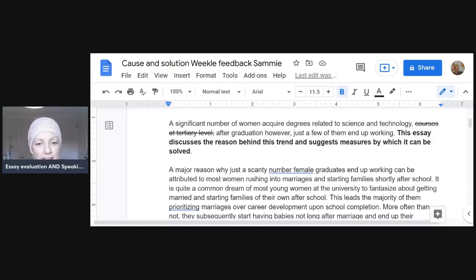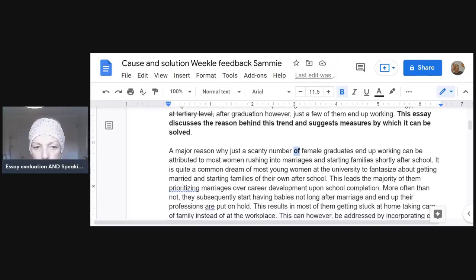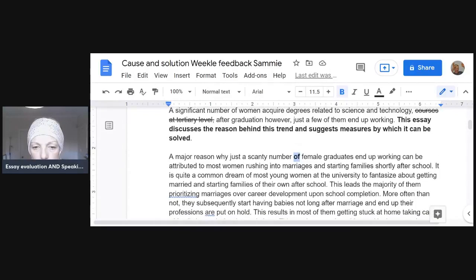A major reason why just a scanty number of, we need of here, of female graduates end up working can be attributed to most women rushing into marriages and starting families shortly after school. Okay. First of all, scanty is too informal.